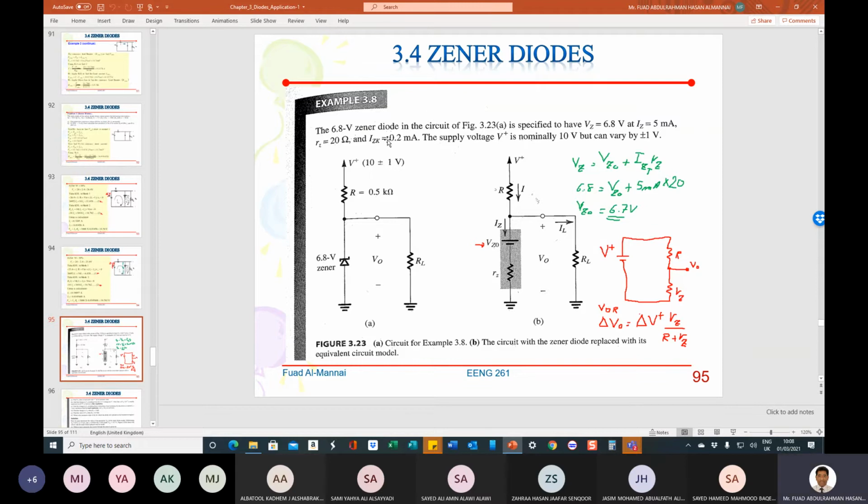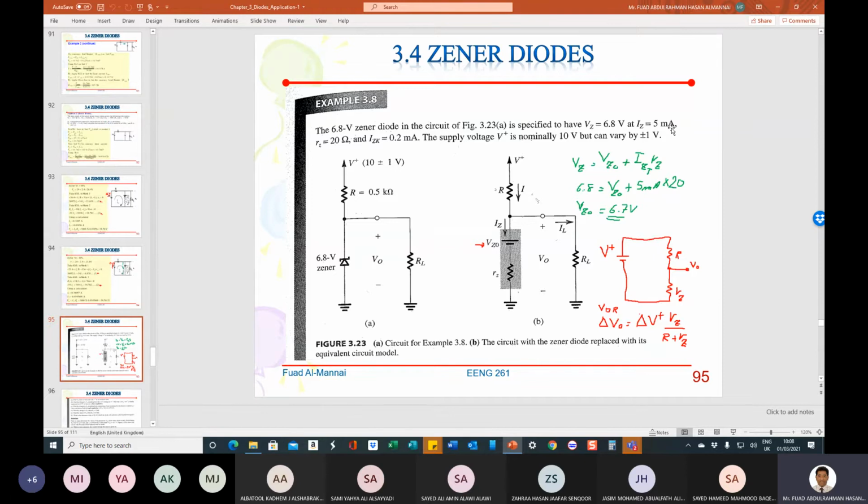Okay, this example here. It says a 6.8 volt Zener diode in the circuit shown below, which is this one here, is specified to have VZ equal to 6.8, and it's taken at IZT 5 milliamp. Hey, you guys, see what I said before?